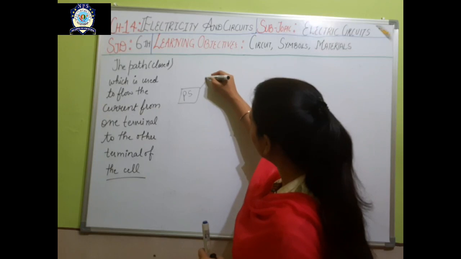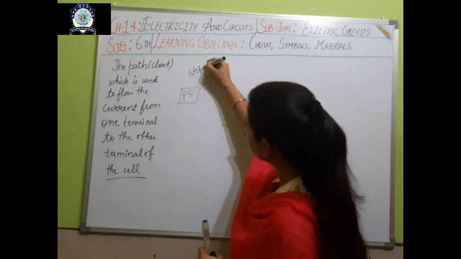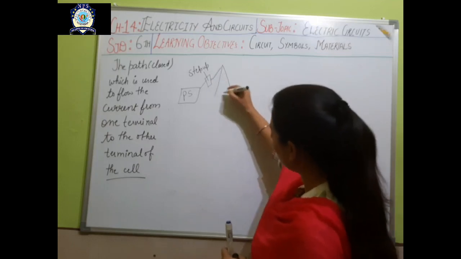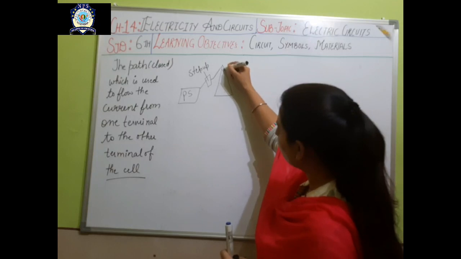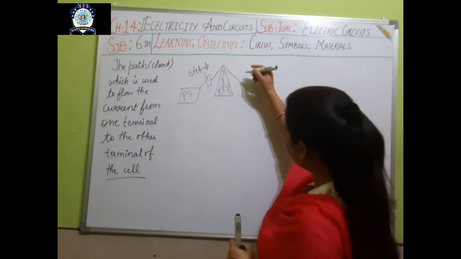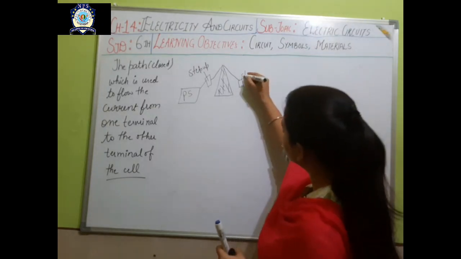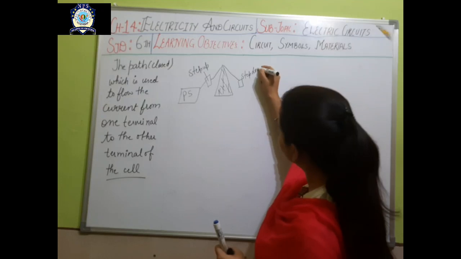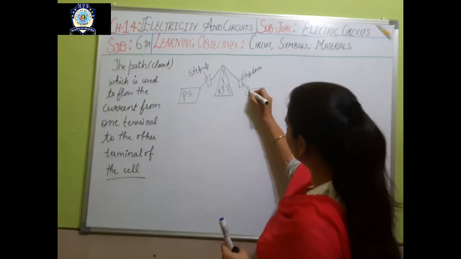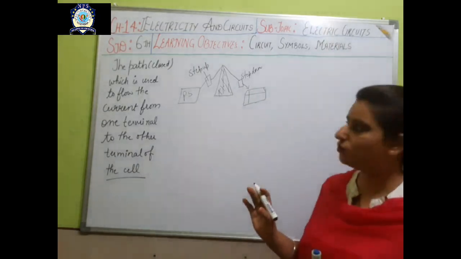From the powerhouse there is one transformer which is a step up transformer, and from here with the help of wires there is a big tower, and from the tower the current goes to the second type of transformer, that is step down, and then finally it reaches our home. So this is the general idea of how current flows.